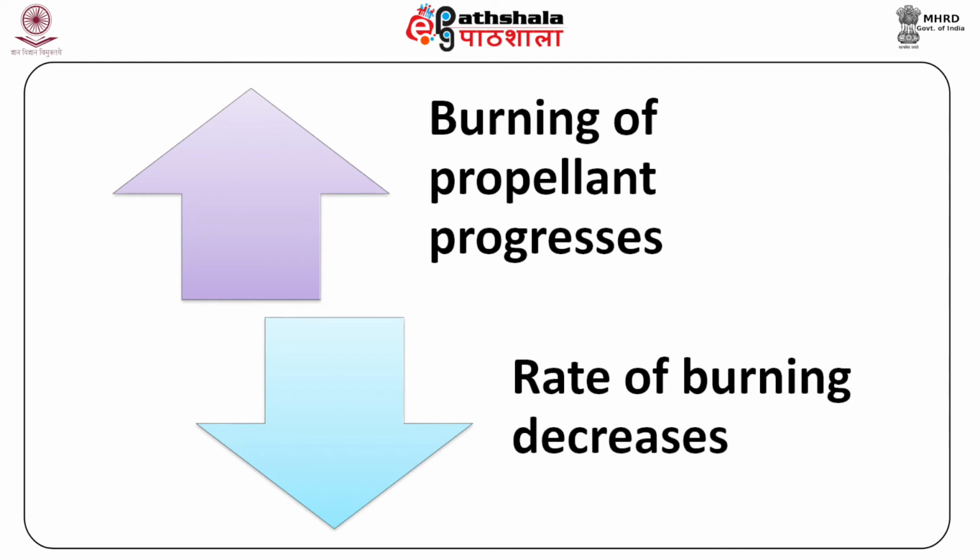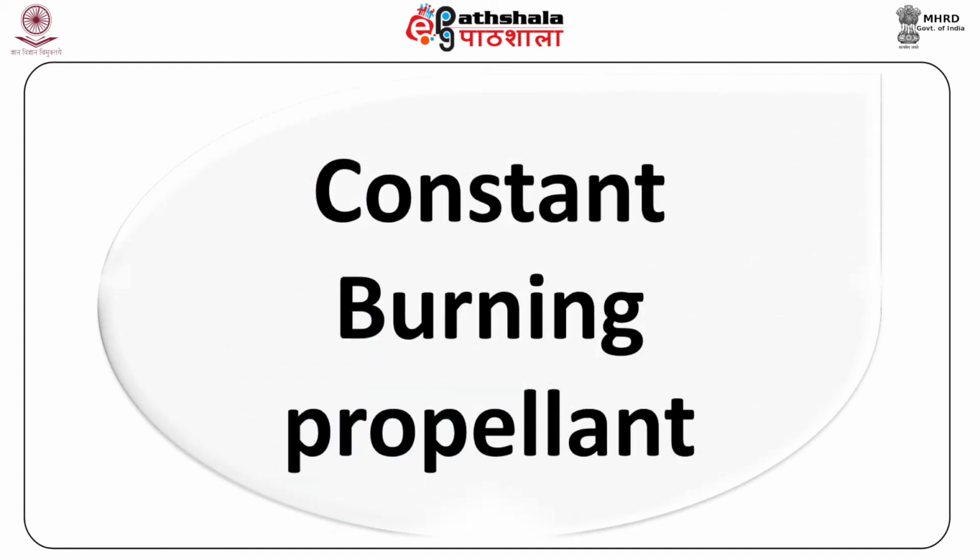In the case of digressive powders, the shape and the size of grains are kept such that as burning of propellant progresses, the rate of burning goes on decreasing. For example, non-perforated powder grains.